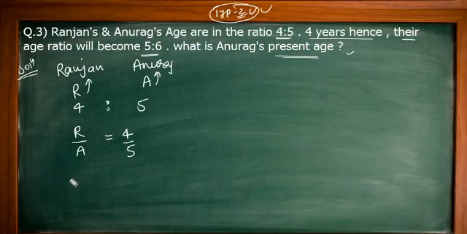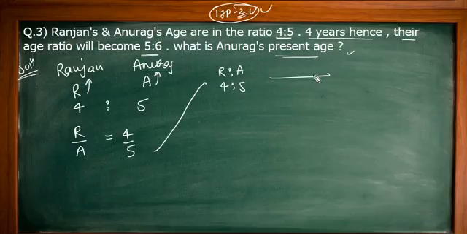Guys, see one thing more here: R is to A is 4:5, and after 4 years the ratio would equal 5:6. This is your whole question here.